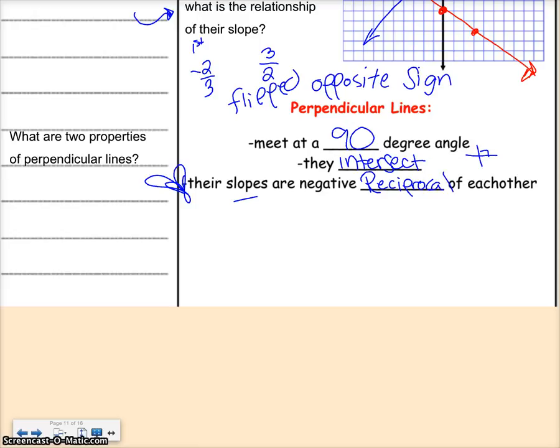Now, if you don't love negative, because if negative's going to mess you up, if I have, hey, what's the negative reciprocal of -3/4? Whoa. That might stress some kids out, like, I don't know what you mean, it already is negative. This negative just means the opposite. Opposite sign, okay?